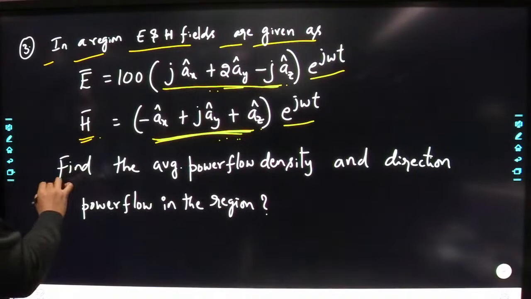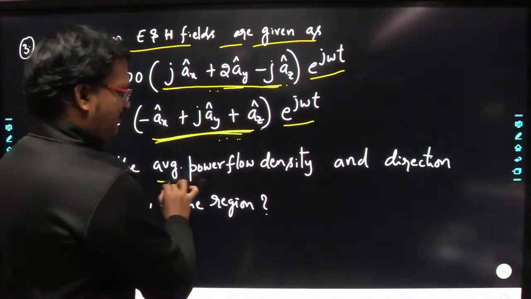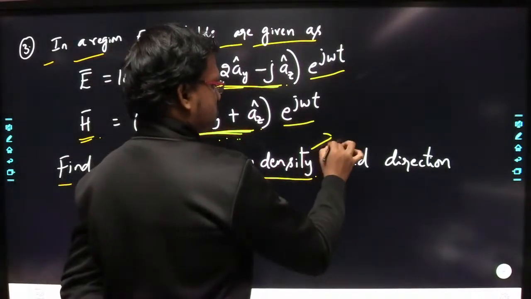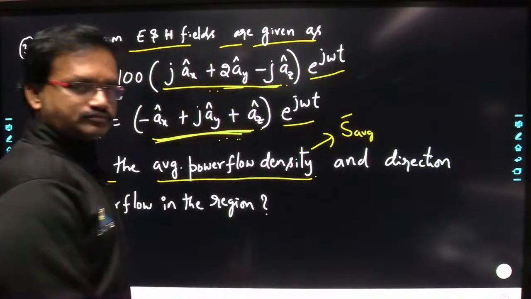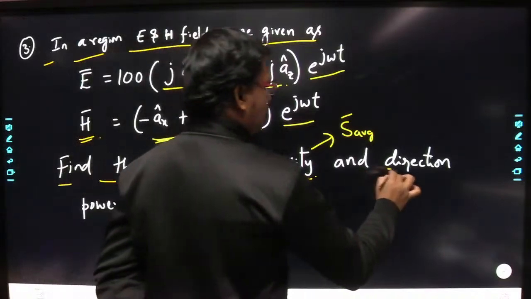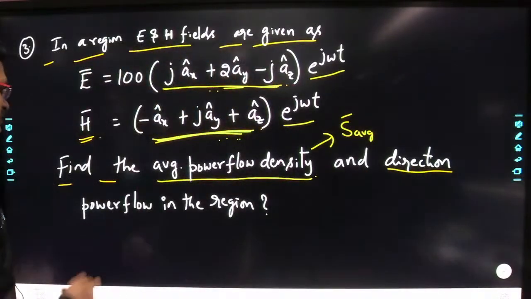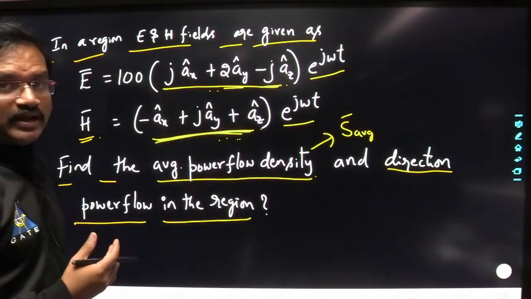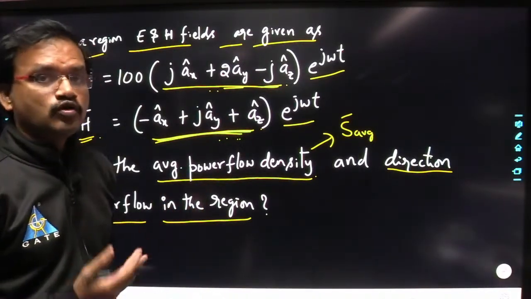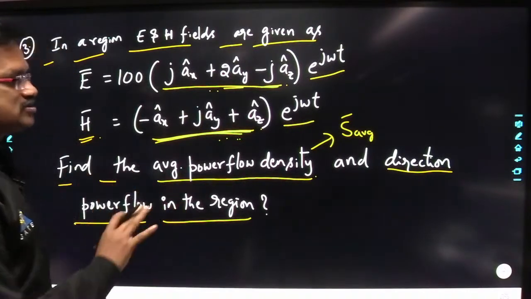So in this case they are asking to determine the average power flow density. So which means they are asking to determine what? To determine S average. Right, and also they are asking to determine the direction of power flow in that region. So these two things they are asking here.